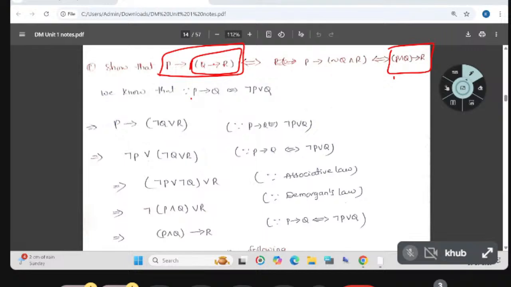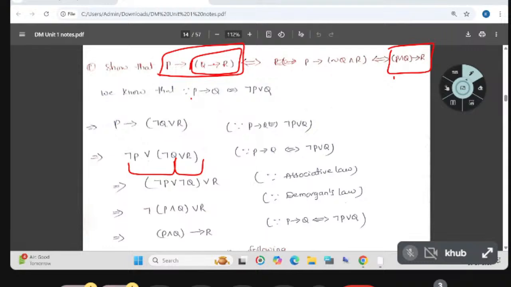So again, I am substituting same value, that is P implies Q double implies negation P or Q. Okay. So when I am substituting those values, I am getting negation P or (negation Q or R). Right. So from this, I am applying negation P or Q or R from associative law. Right. So which can be written as negation P or negation Q or R.